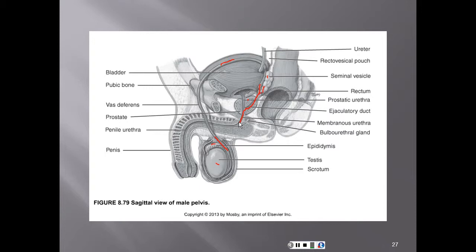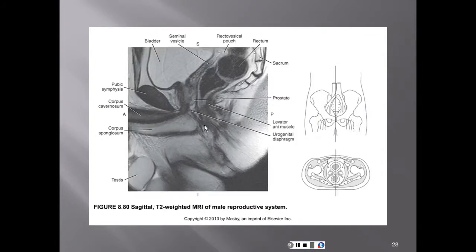So now that we had a brief review on that, we can look at sectional anatomy. This is a sagittal T2 weighted MRI of the male reproductive pelvis. And orientation, sacrum, rectum, still rectum. You have the seminal vesicle. And here is your prostate.